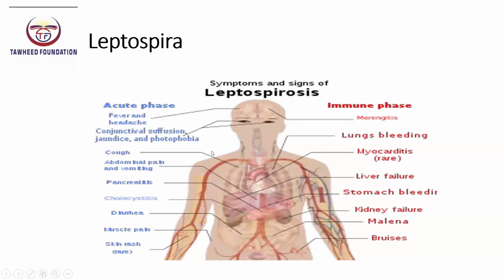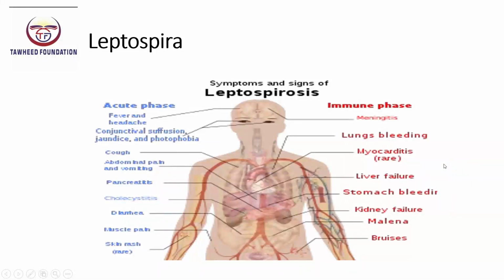So as you can see in this image, symptoms and signs of leptospirosis for acute phase and for immune phase. For acute phase, normal mild symptoms: fever and headache, conjunctival suffusion, jaundice and photophobia, cough, abdominal pain and vomiting, pancreatitis, muscle pain, skin rash, all this will show in the acute phase.